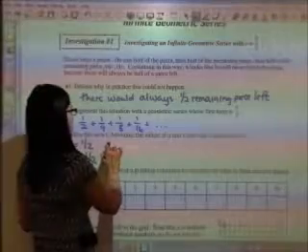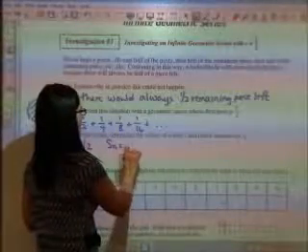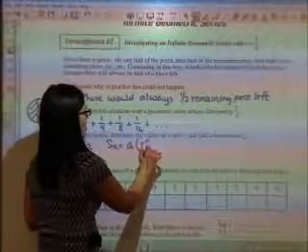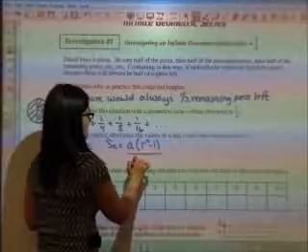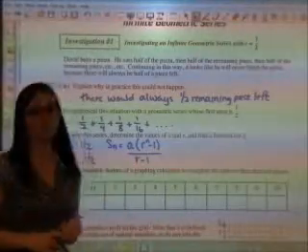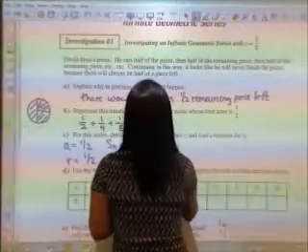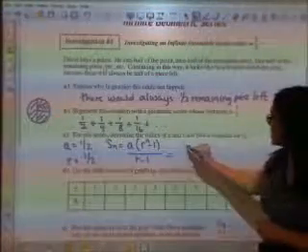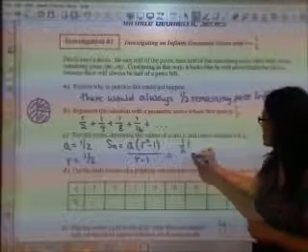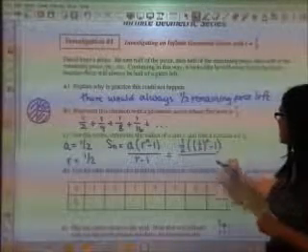So S of n, which is A times R to the power of n minus 1 divided by R minus 1, gives me 1/2 times 1/2 to the power of n minus 1 divided by 1/2 minus 1.